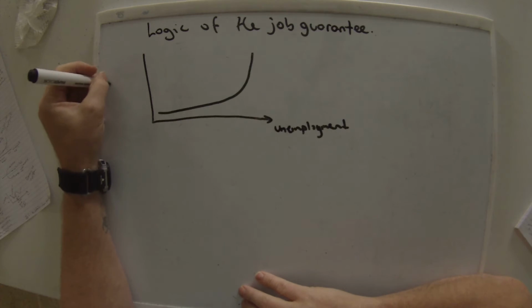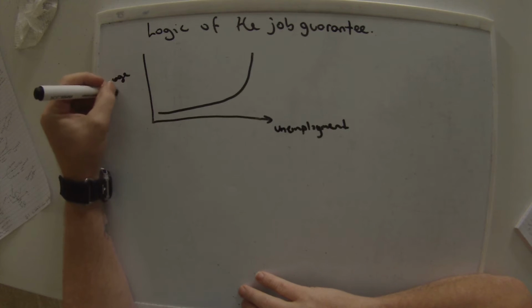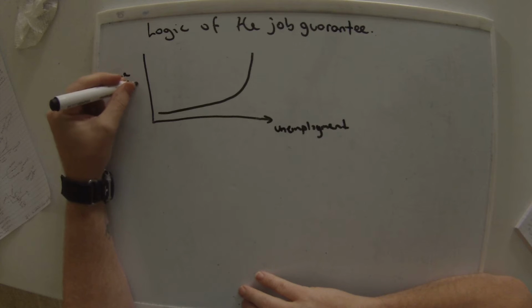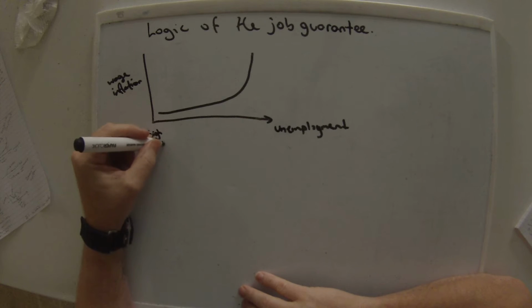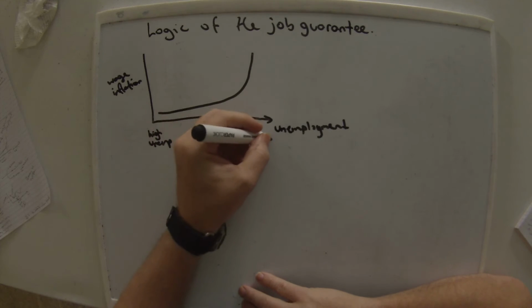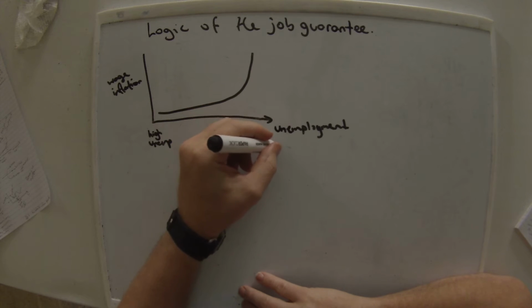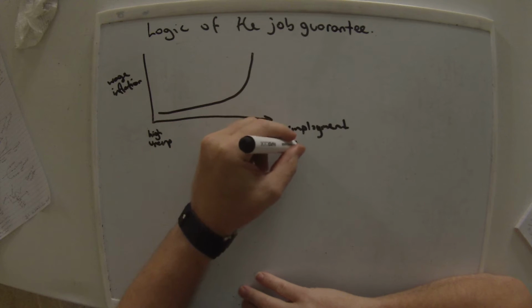and wage inflation. This is where you have high unemployment down here, and this is where you have pretty much no unemployment, just so you know where we stand.